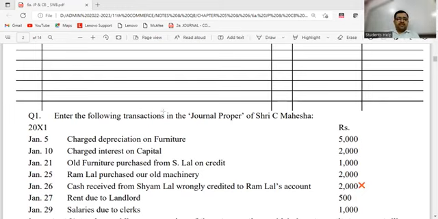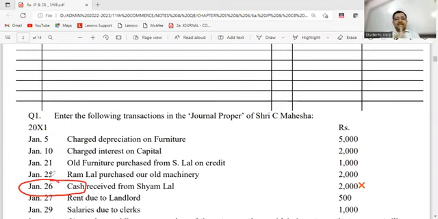For your convenience, let me do a little editing. Chaliye. Cash received from Ramlal. Now you can put Shyamlal, Ramlal, whatsoever it is. So is it concerning cash, children? Is there cash here? Is there cash here? So this transaction will go in the cash book, it won't be recorded here. Rent due to landlord, children, does it concern cash? No. Salary due to the clerk, does it concern cash? No. So journal proper constitutes which type of transactions?